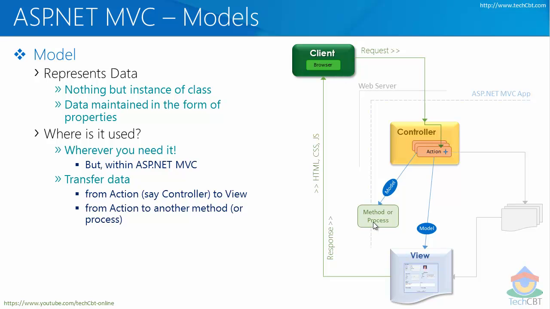That process or method may want to receive some kind of data from the action, and that could also be a model. And in return from the external method or process, I can get that data back to the action in the form of a model again. So the data can flow out of the action and can also be received by the action.